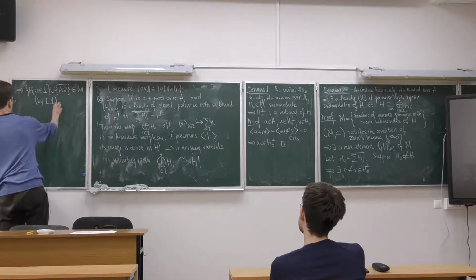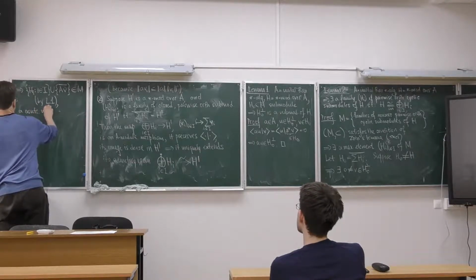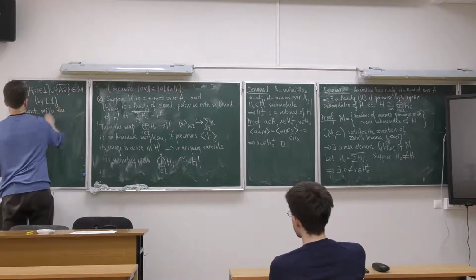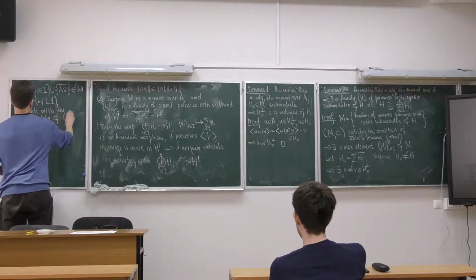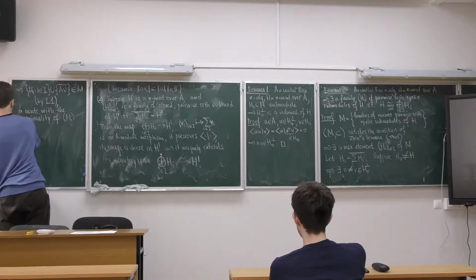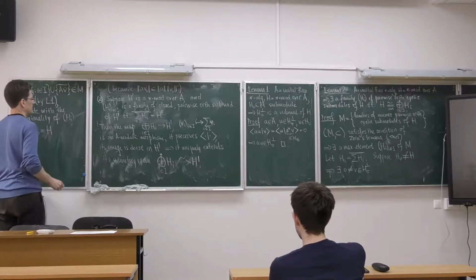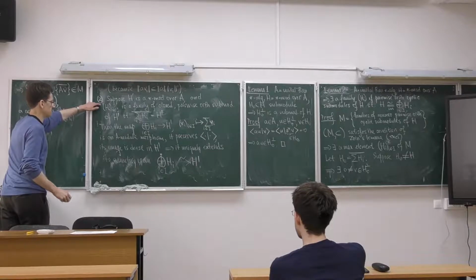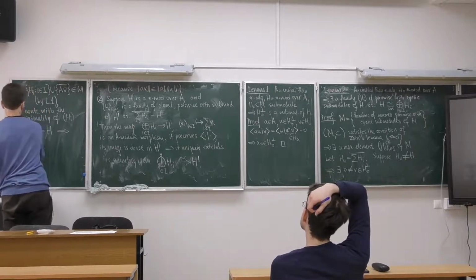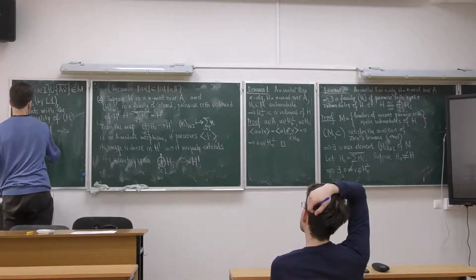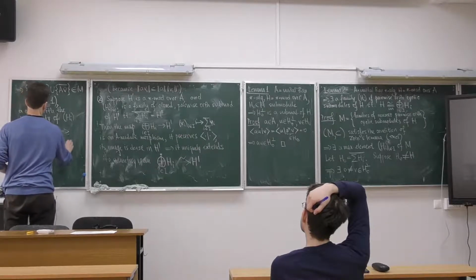And this is a contradiction with the maximality of the original family H_i. So this contradiction implies that actually H_0 is equal to H. And applying observation 2, we conclude that H is unitarily isomorphic to the Hilbert direct sum of our family.